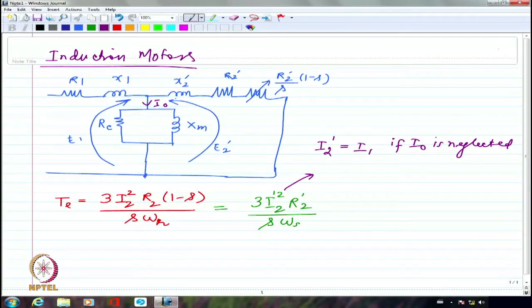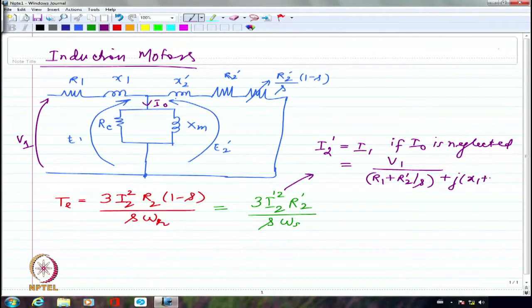So I am applying a voltage of V1 here. When I write the entire expression with respect to V1 per phase, I can write I2 as V1 divided by R1 plus R2 dash by S plus j times X1 plus X2 dash. This is what we wrote.